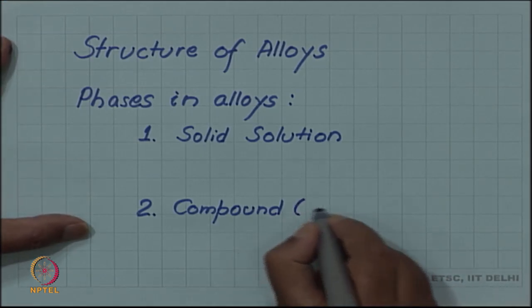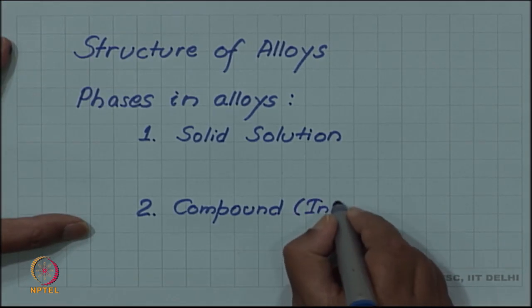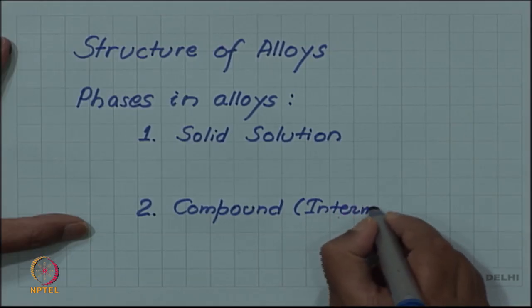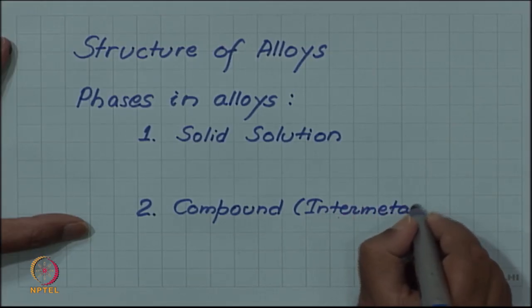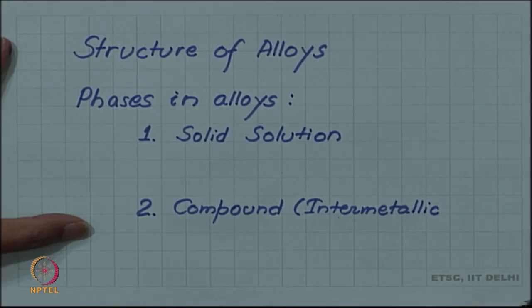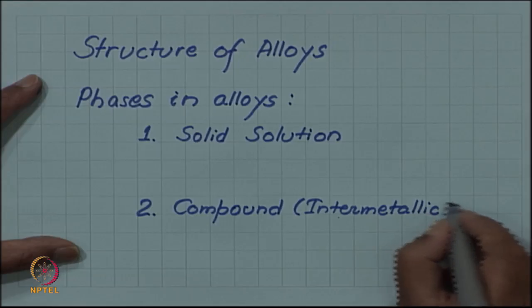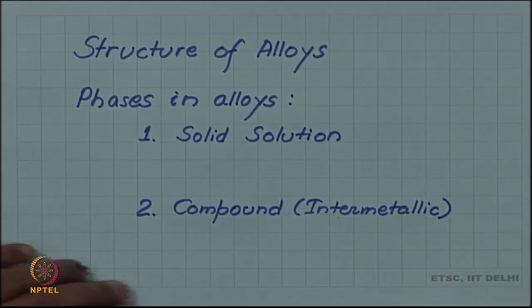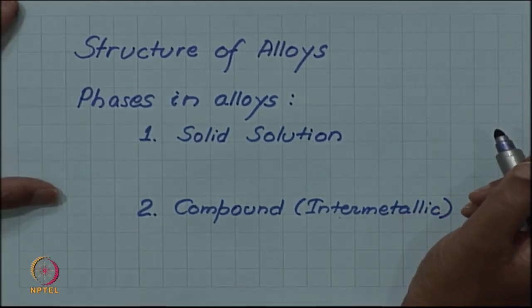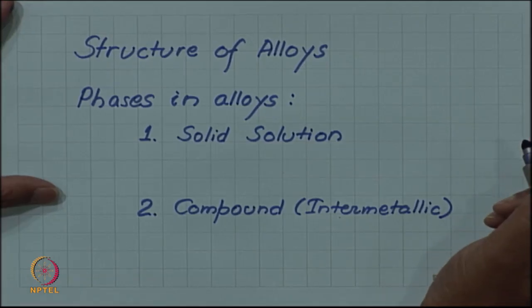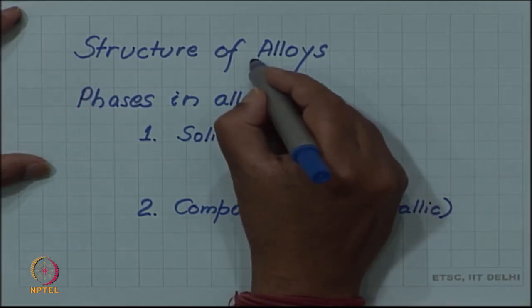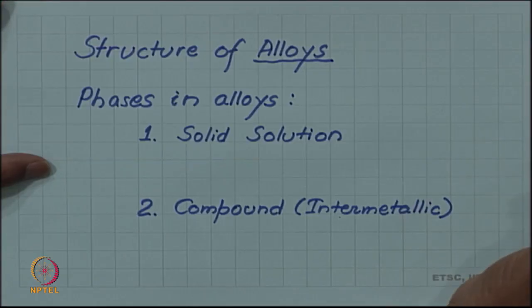Sometimes called intermetallic compound, or simply intermetallics. Let me call it intermetallic compound. Both of them, since they are a structure of alloys, consist of more than one element.